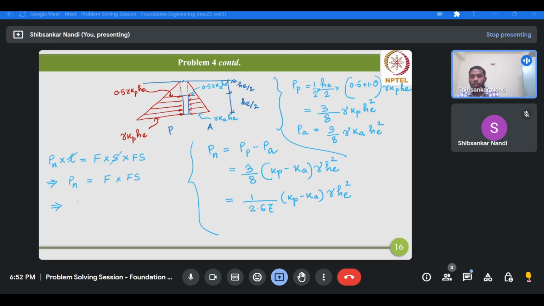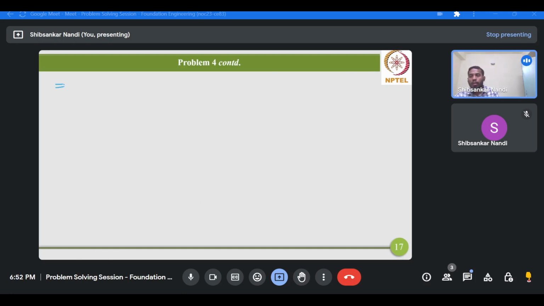Now Pn is 1 by 2.67 (Kp minus Ka) gamma H square, and it will be F times factor of safety. So therefore H you can easily calculate from this equation, and this is the objective of this problem. So H square equals F times factor of safety multiplied by 2.67 divided by gamma (Kp minus Ka).